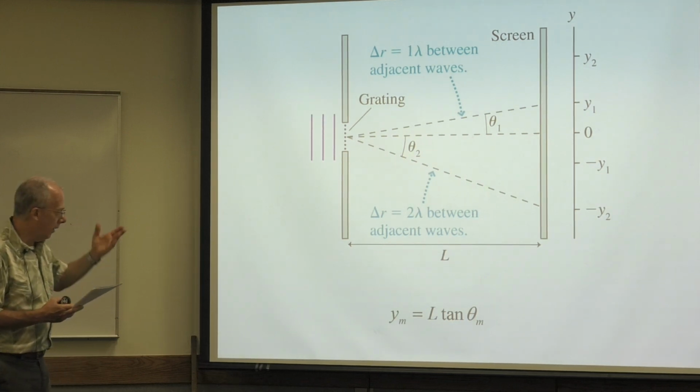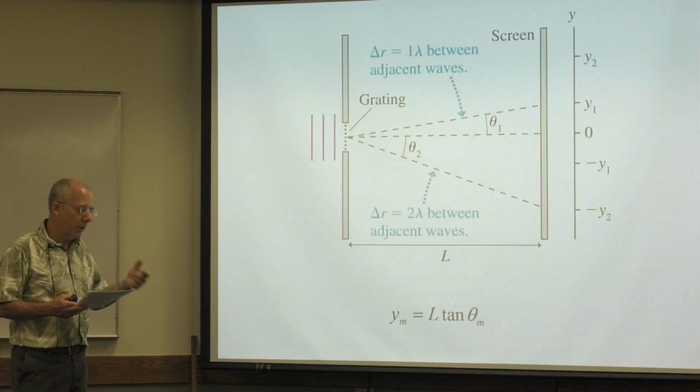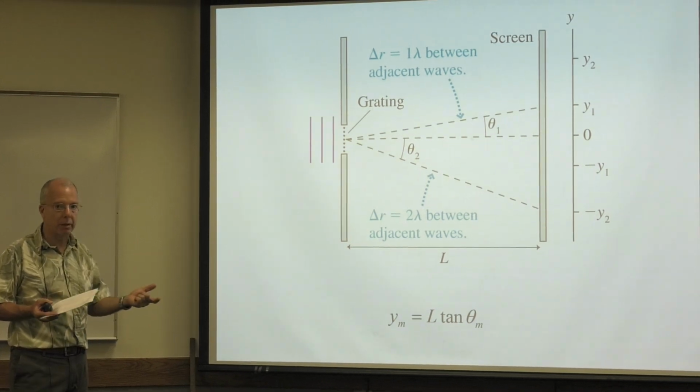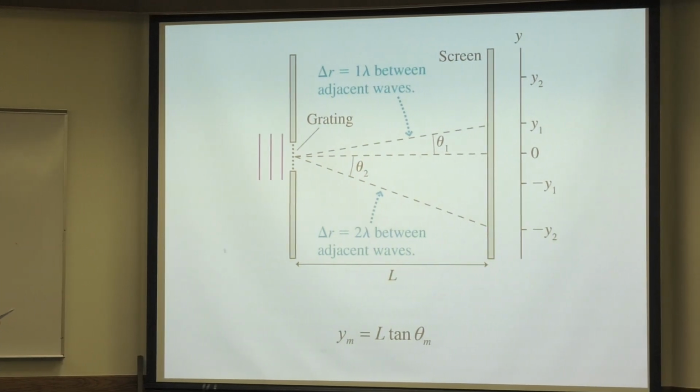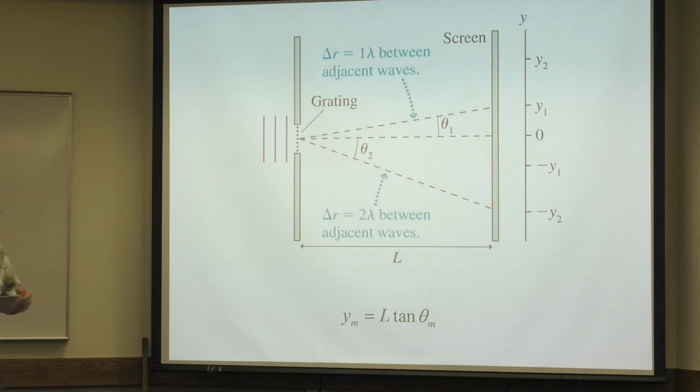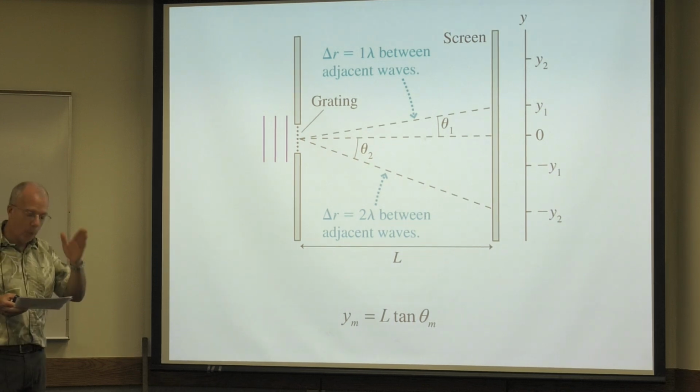So in the lab, you will use the diffraction grating to measure accurately the wavelength of light, which is impressive, because wavelengths are so incredibly small. This is called spectroscopy, when you use diffraction gratings to measure the wavelengths of light.